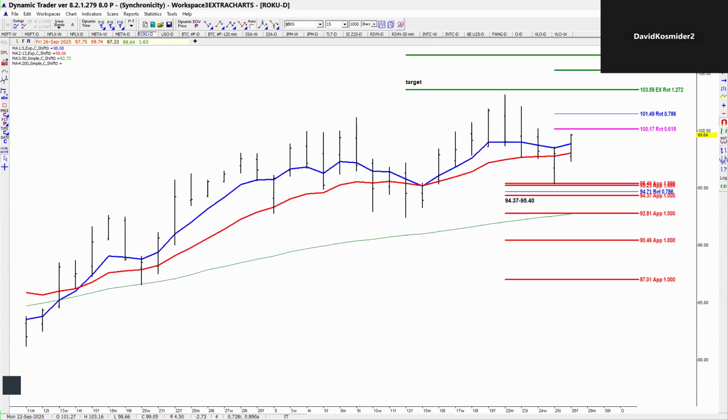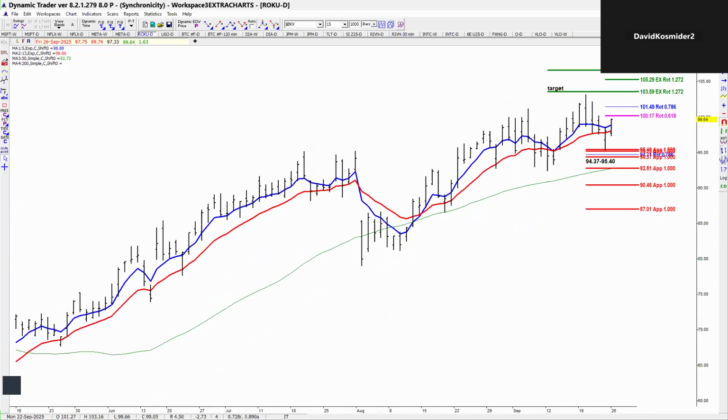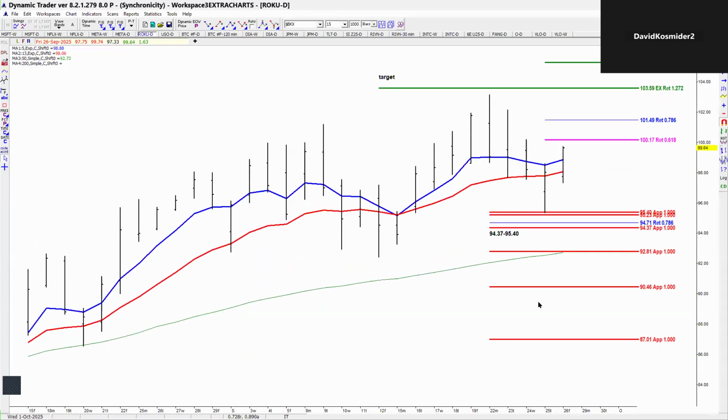Roku, on the other hand, would be, well, if I could see the other 200 underneath here. This looks like it's a royal setup because we should be clearly above the 200 simple moving average, above the 50, and then here's the 5 and 13. The 5 is above the 13, so that's bullish.